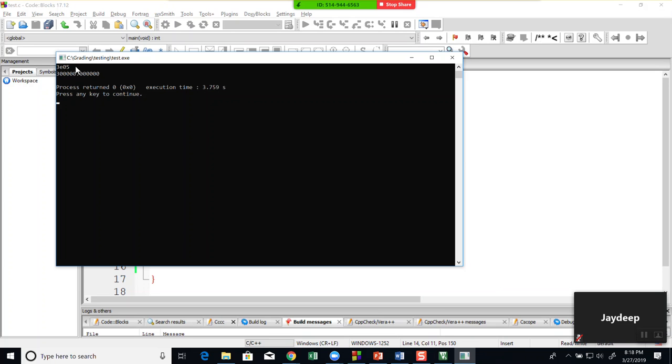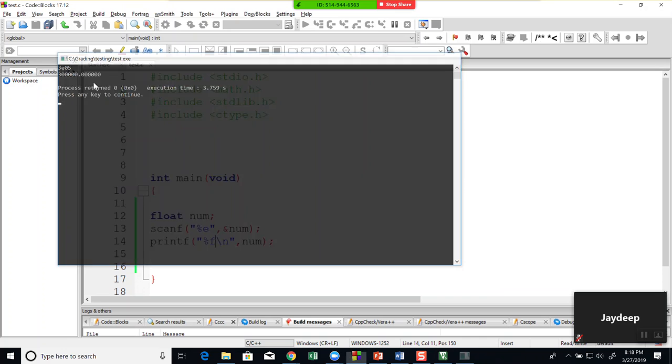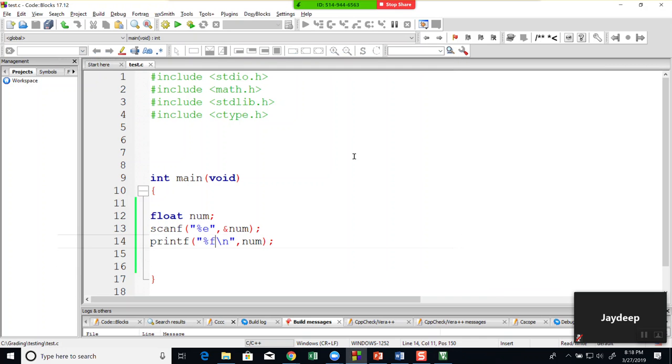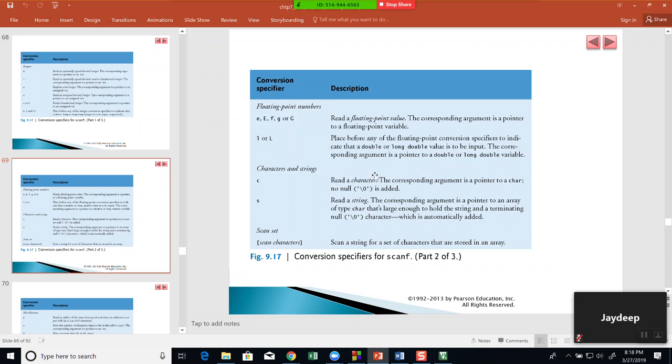We haven't looked at that before. But if I want to put in 3 times 10 to the 5th power, that's 3E05. c is for a character, s is for a string. And again, it says that it has to be large enough to have the terminating \0 in it.